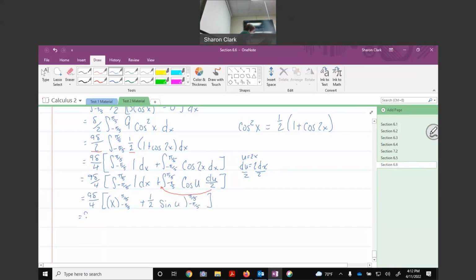So that's 9 delta over 4 times x from negative pi over 5 to pi over 5, plus 1/2 sine 2x from negative pi over 5 to pi over 5.